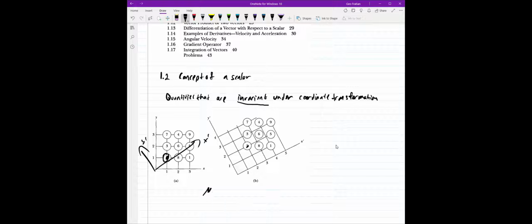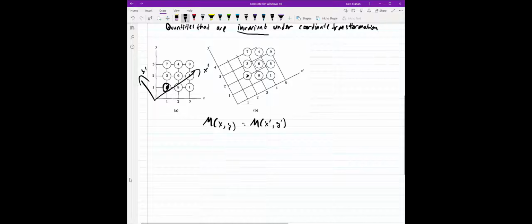So how you would write it is the mass of x, y, the mass function, is equal to the mass of x prime, y prime, where x prime and y prime are your coordinate axes. We'll get into how to rotate between them. Basically, what it's telling you is that a scalar does not change. It's just a number for that point.